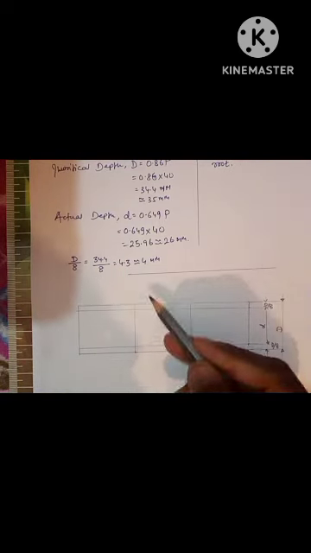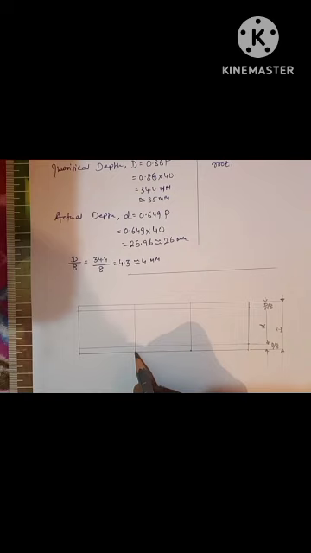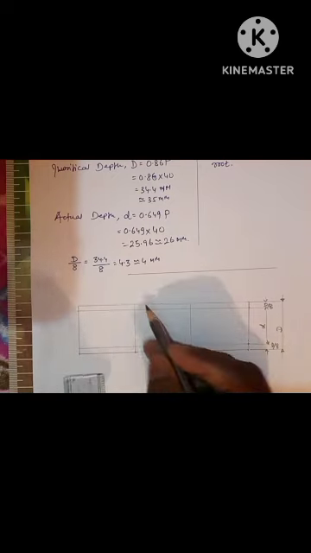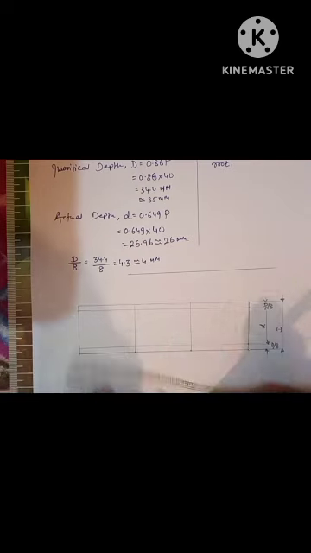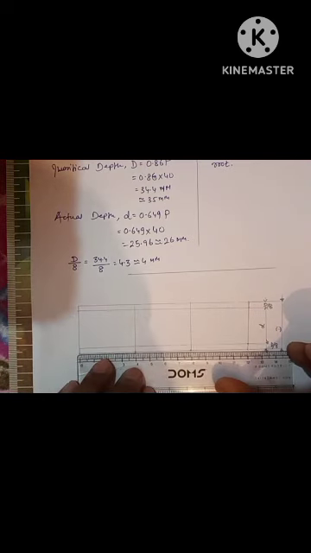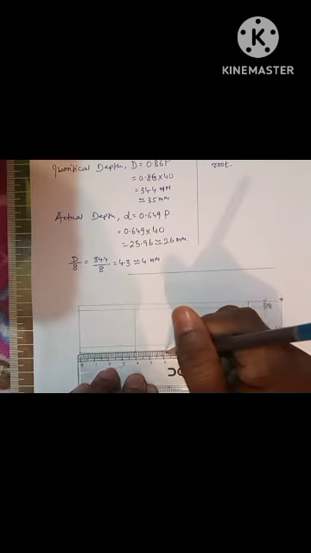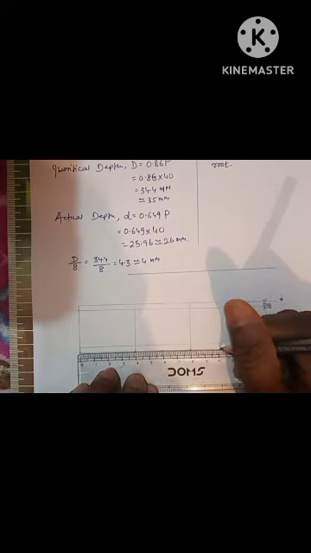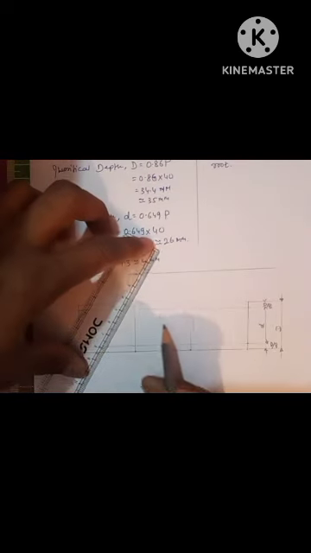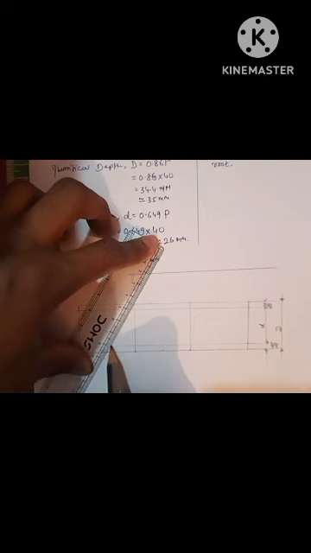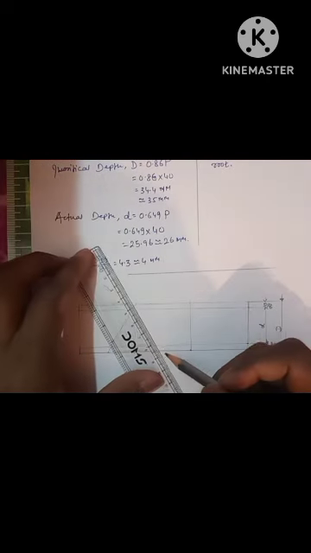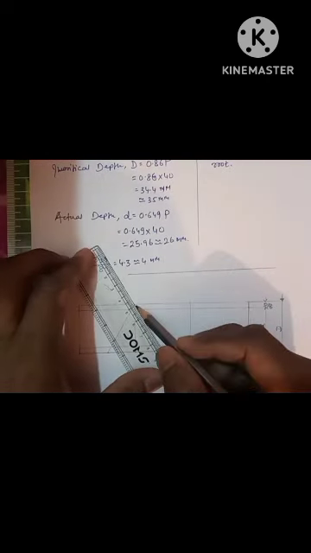Now draw the verticals. This is at 4 centimeter, this is at 4 centimeter, so the total is 12 centimeter. Now mark the midpoints also, here at 2, here also at 2, here also at 2 centimeter. Now join these ends like this. Similarly on this side like this.